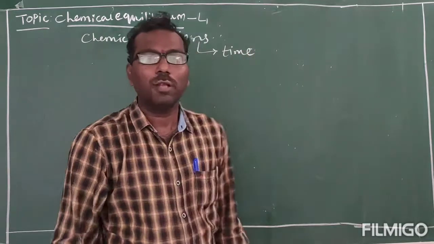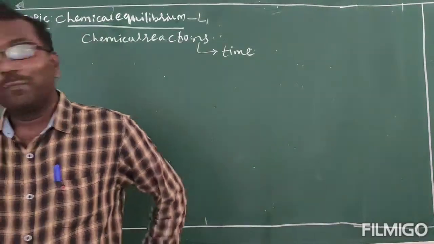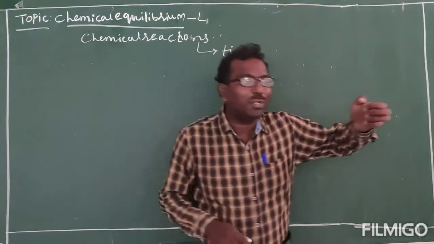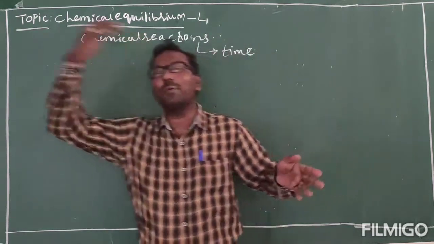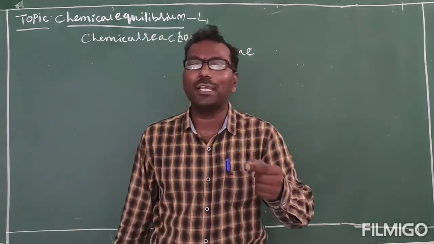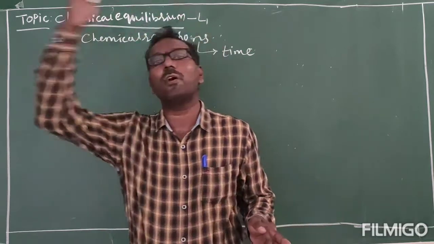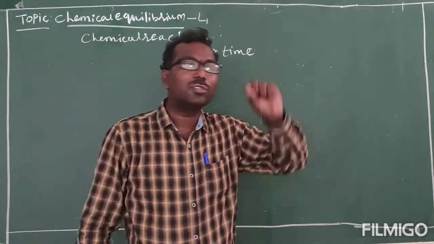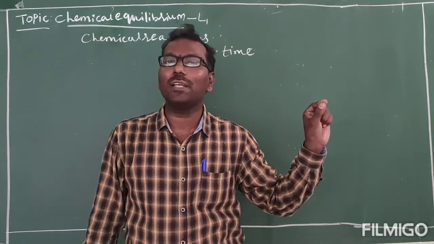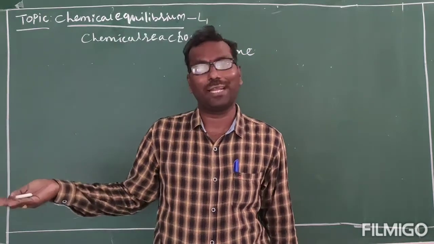So the chemical reactions are calculated based upon time: how much of the reactant is going to form into product. After some time the reactants are going to transform into products, so there will be a decrease in the concentration of the reactants and an increase in the concentration of the products.